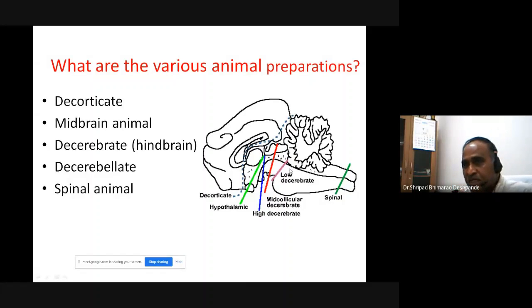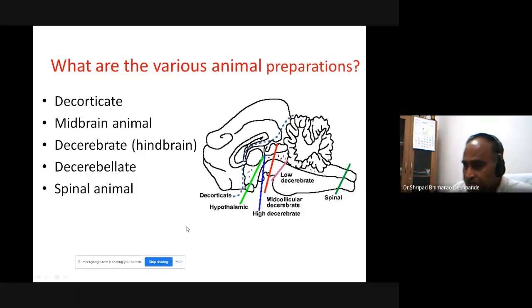And then comes the hindbrain. The high decerebrate forms the midbrain animal, and the mid-collicular sectioning makes the hindbrain animal. That means the pons, medulla, and the cerebellum remain intact. The decerebellate animal is one where the cerebellum is cut, after a cerebellectomy, and the spinal animal is this.